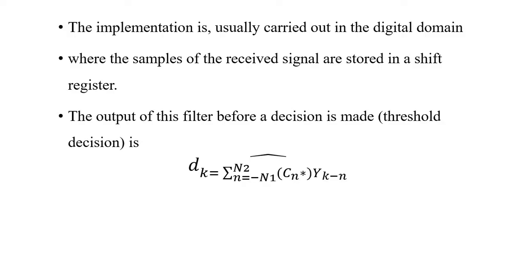Here cn star represents the complex filter coefficients, or we can use the words weight factors or weighting filter coefficients, and dk bar is the output at the particular instant of time, and the input sequence arrives as the yk sequence.